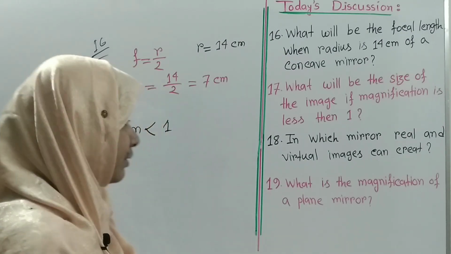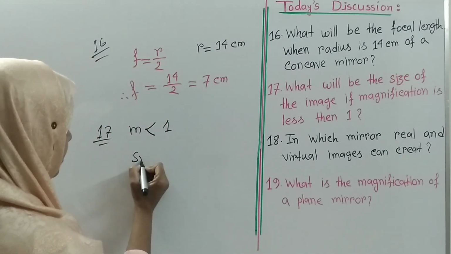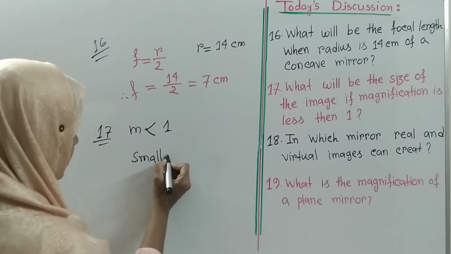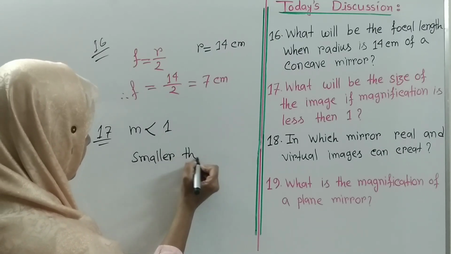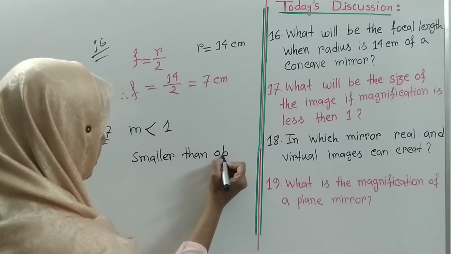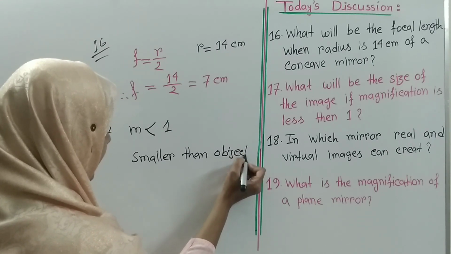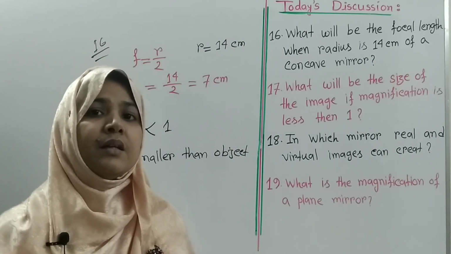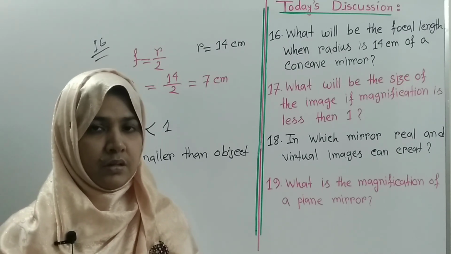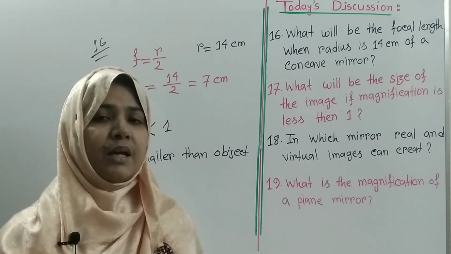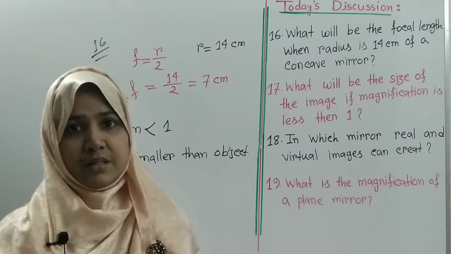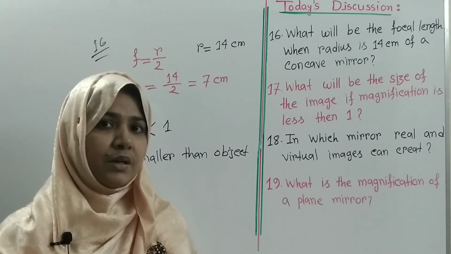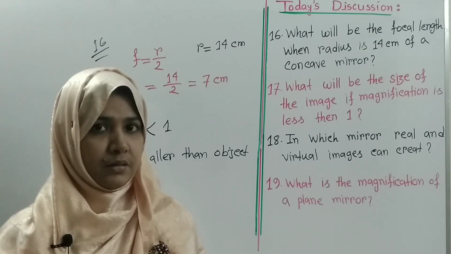So, the answer will be smaller than object, and this type of magnification mainly occurs in a convex mirror. In a convex mirror, all the time we get a diminished image. So, the magnification of a convex mirror is less than 1.